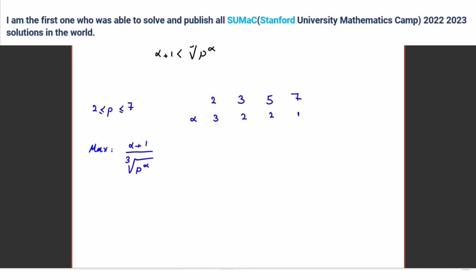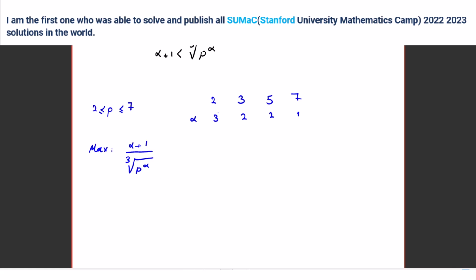Okay, can you explain? Yeah, so you can start with alpha plus 1 over cube root of p to the alpha and say we have a different exponent called beta. So it is greater than beta plus 1 over cube root of p to the beta.